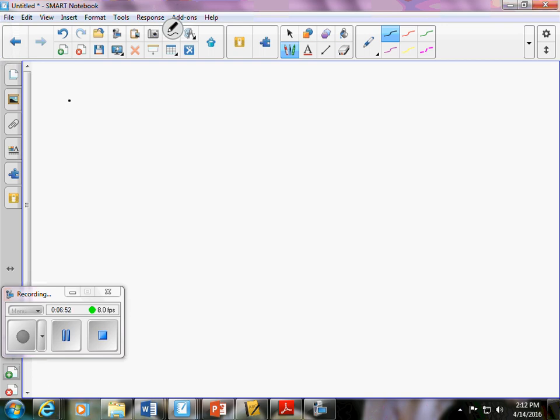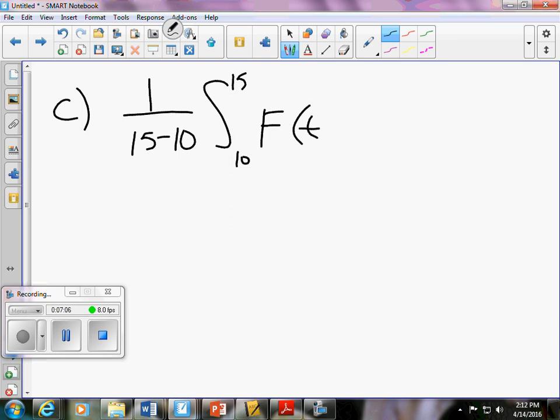So this is part C. 1 over b minus a times the definite integral of our function. That's the work, and then we got to make sure we put it into the calculator right.